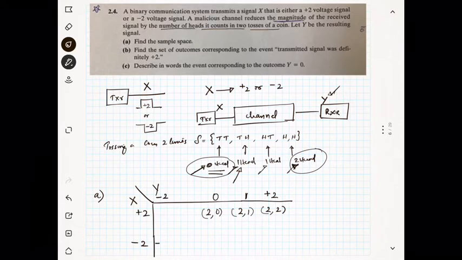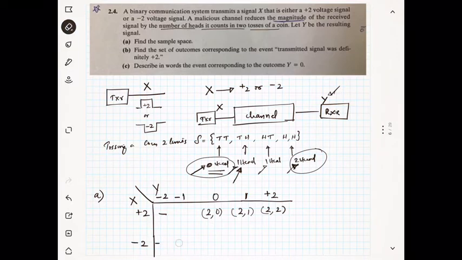Now if I transmit -2 and get a 1 head situation, my magnitude will be decreased by the number 1, so I can expect only -1 because the magnitude is reduced.